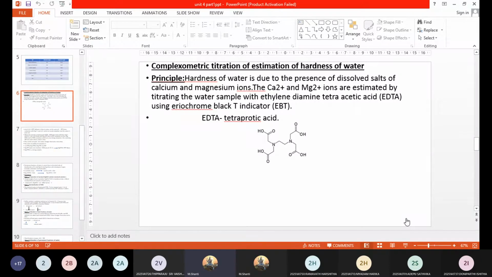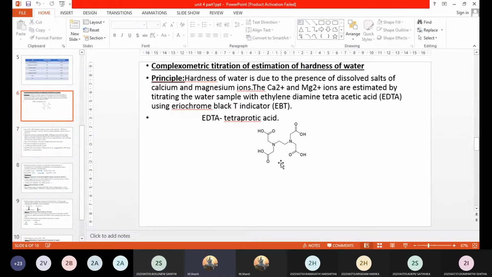Good. What is the name of this ligand? What do you call these complexes? EDTA is the name of the ligand. Hexadentate, okay, fine.